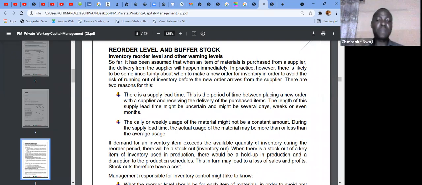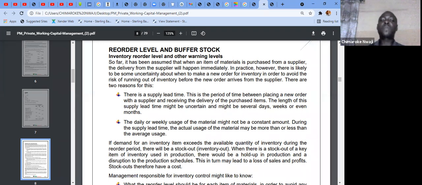So something is happening here. You are depleting your items at a particular rate. And so let's say, for example, you have 12,000 units and you are depleting 3,000 units each day. It means that it will take you 4 days for your stock to run out.